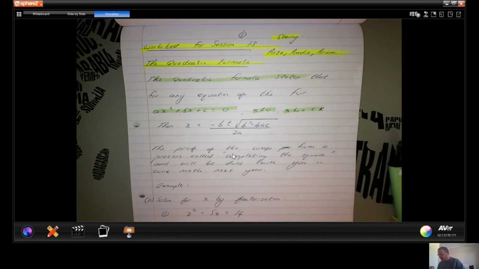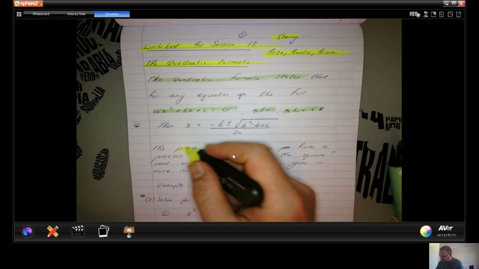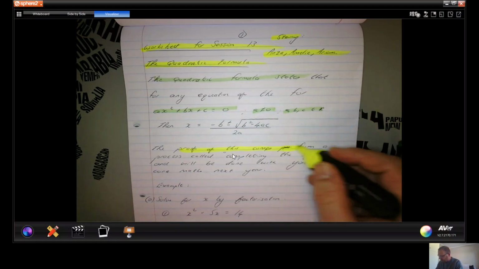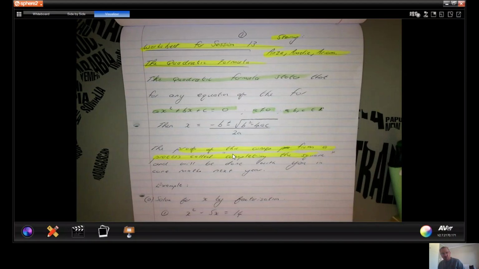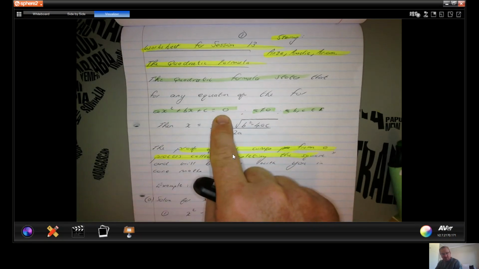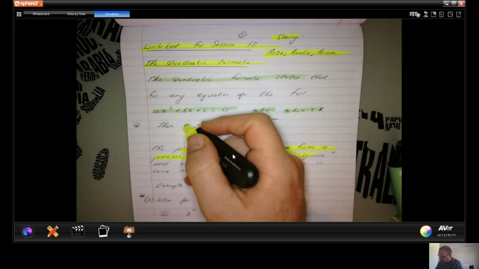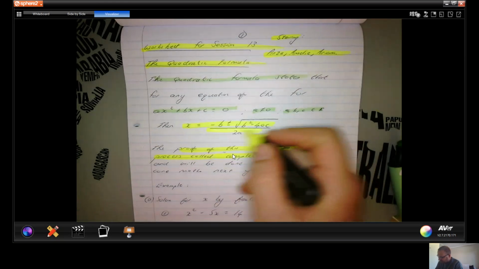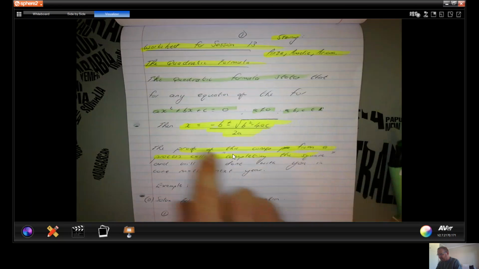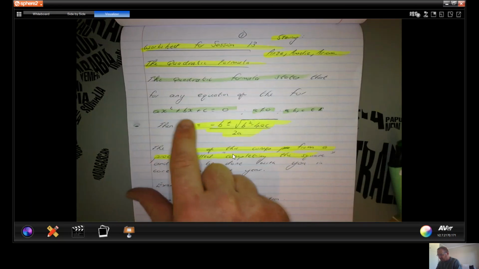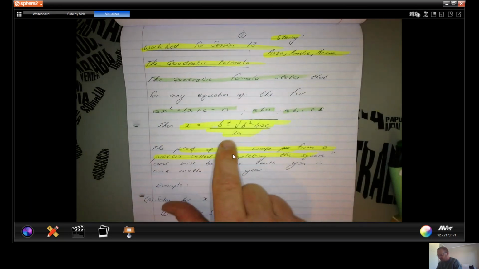Then we can prove, and the proof comes from a process called completing the square, which you'll do in core next year, so it wasn't just sucked out of somebody's thumb. There's a very neat little proof that if you're given an equation in that format, then the roots or the answers can always be found by plugging a, b, and c into this formula.